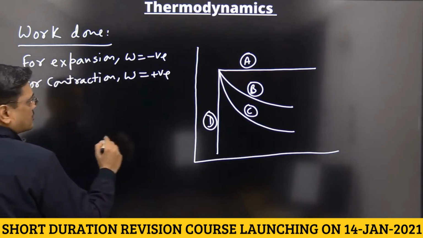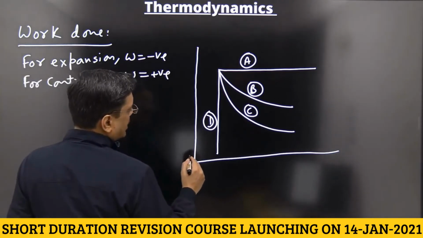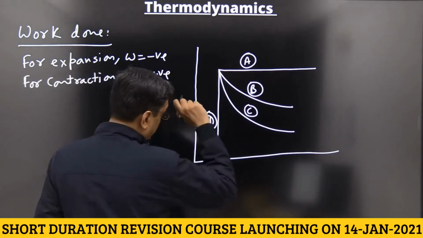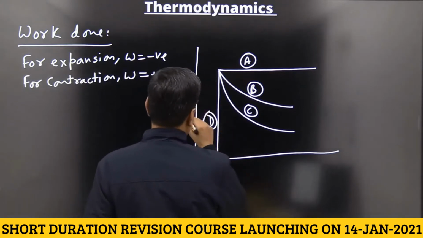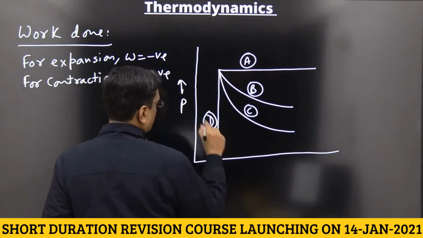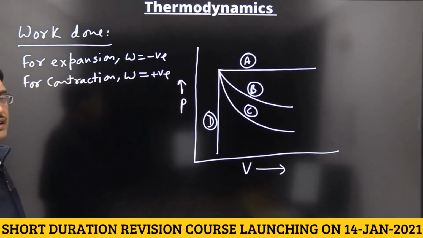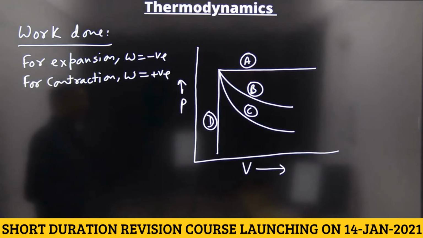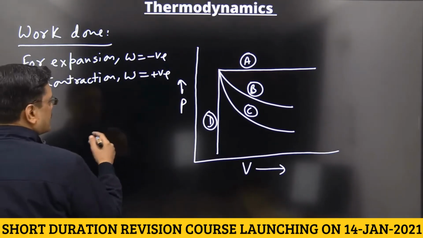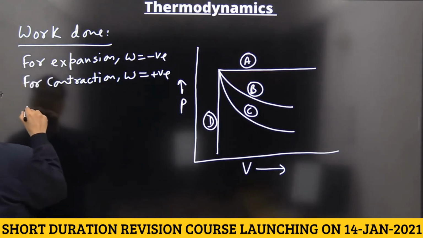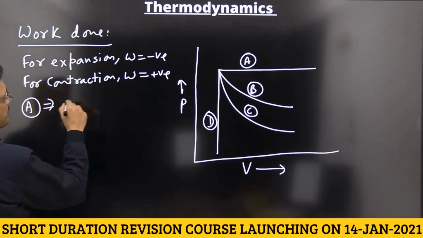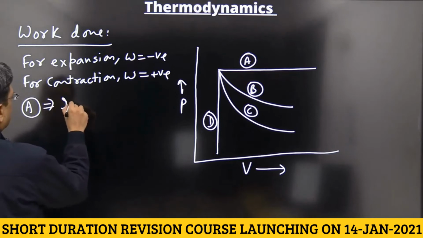If you take P and V, this is the PV graph. Area under the PV curve is the work done. See here, A is where the pressure is constant, so it is an isobaric process.